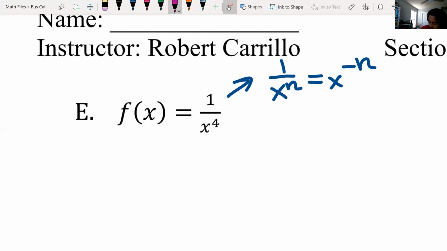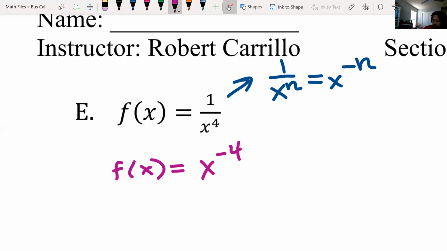So first, I'm just going to rewrite the function below. We have f of x equals 1 over x to the 4th. And if I use this algebraic property, I get f of x equals x to the negative 4, which means it is now in the form that's ready to go when we apply the power rule.